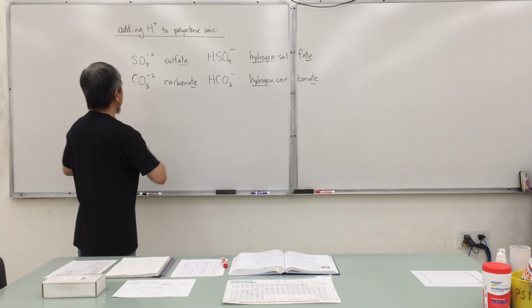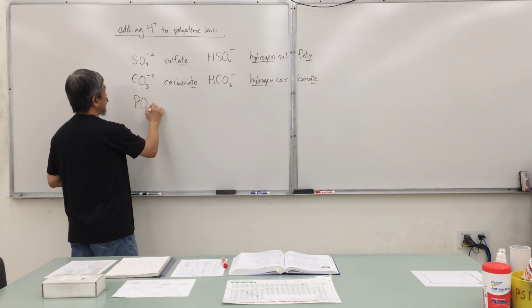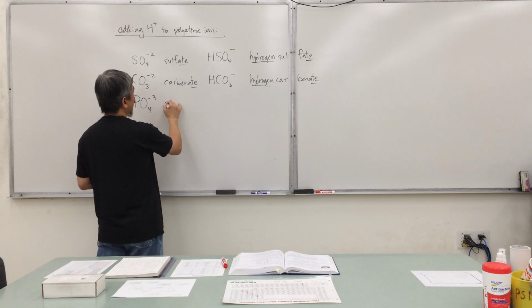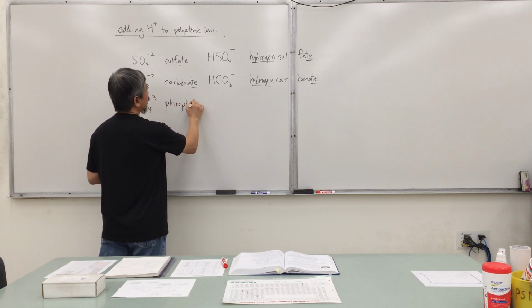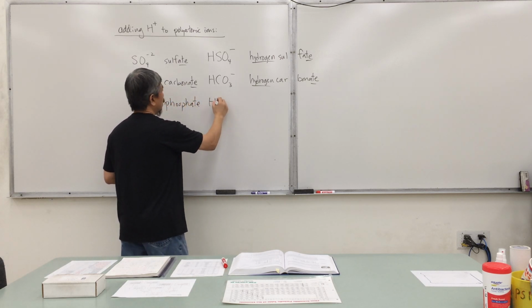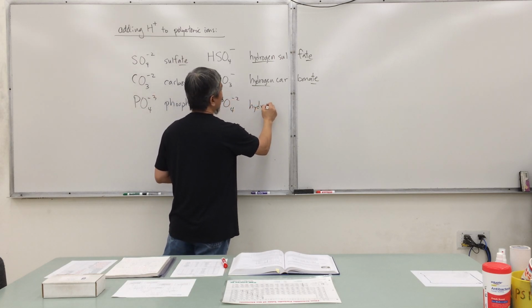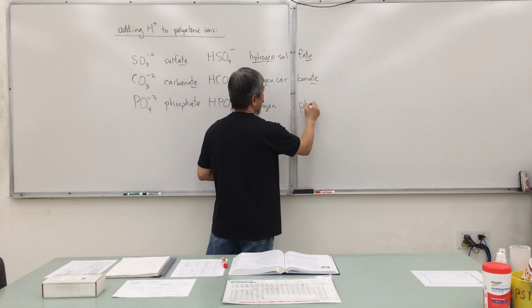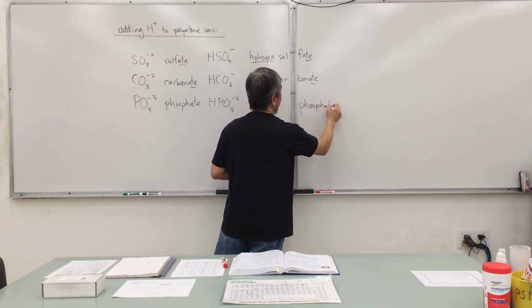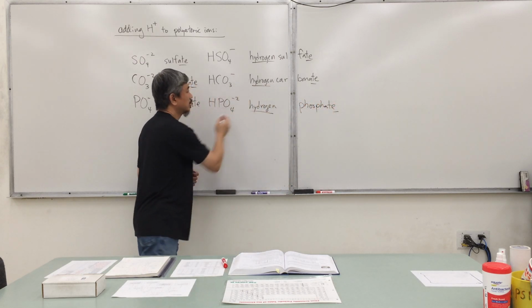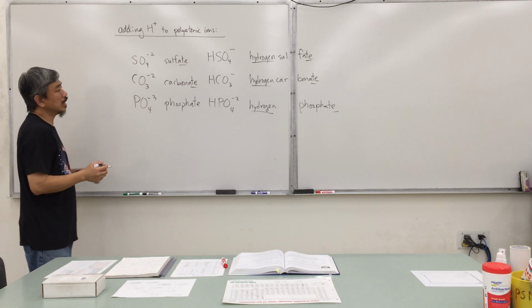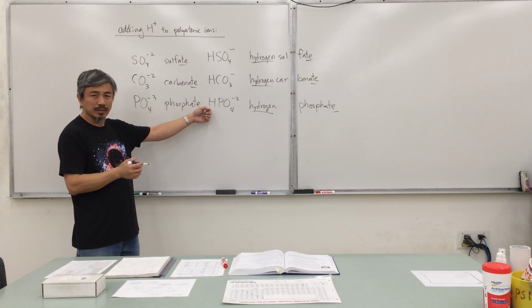It is also possible for us to, for example, have PO4 with a -3, which is phosphate. So HPO4 -2 is going to be hydrogen phosphate. That should be obvious. But here's the interesting thing. If I add 1 hydrogen, what if I add another one?